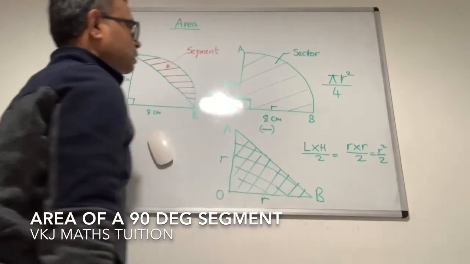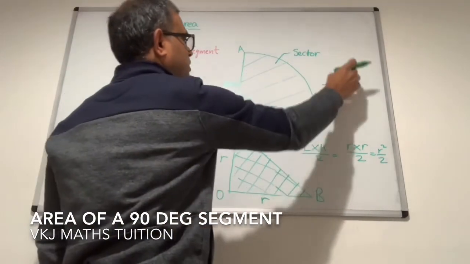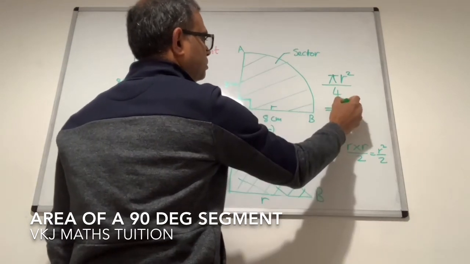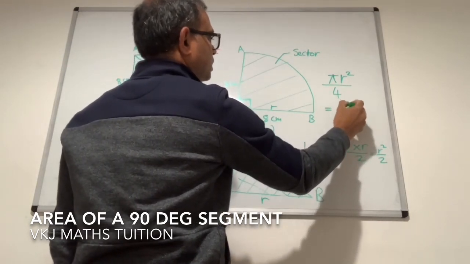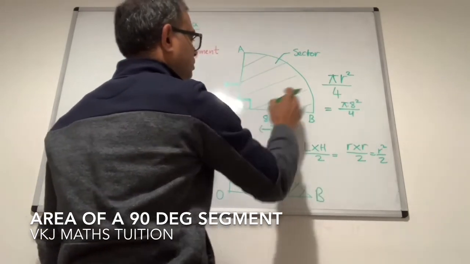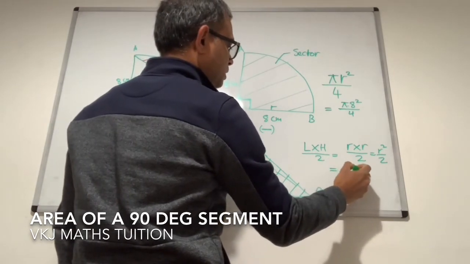Okay? So now put the values in this equation. For radius 8, pi into 8 squared divided by 4, that would be the area of this sector, and the area of this triangle would be 8 squared by 2.